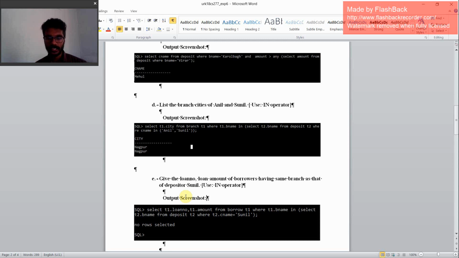You compare the branch names from the T1 side with the T2 side whose C name is Sunil. No rows will be selected, so there is no borrower with the same branch as depositor Sunil.